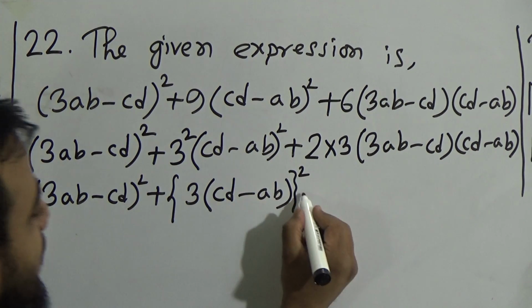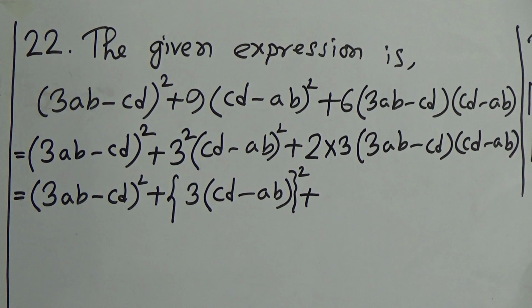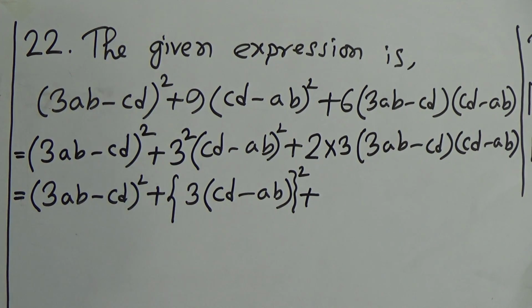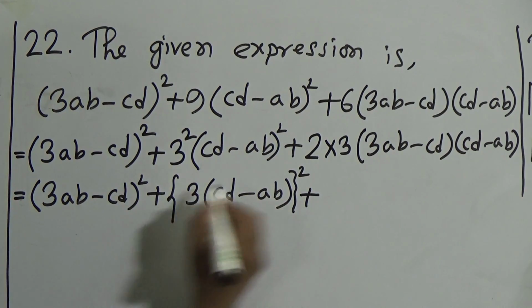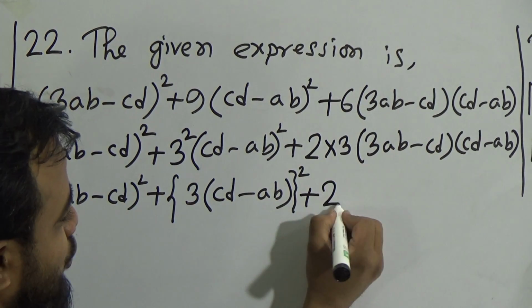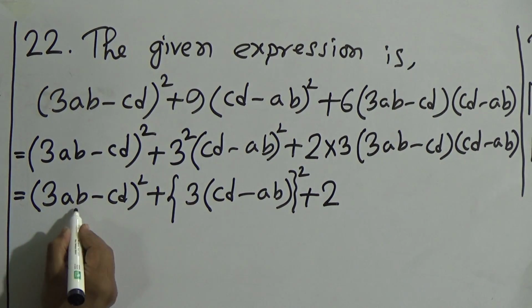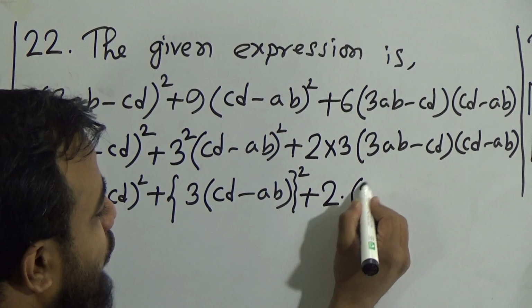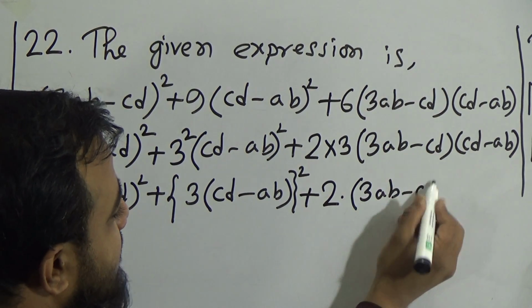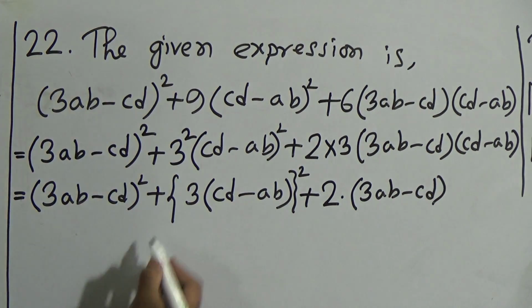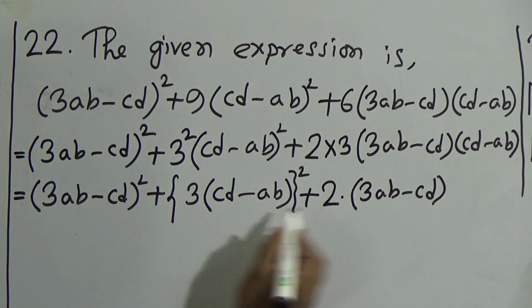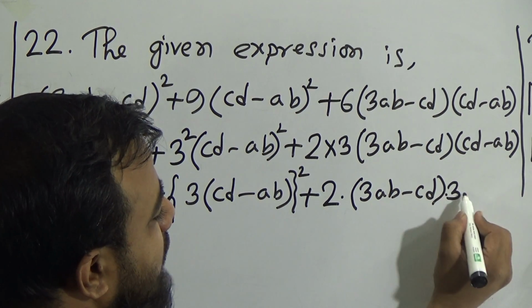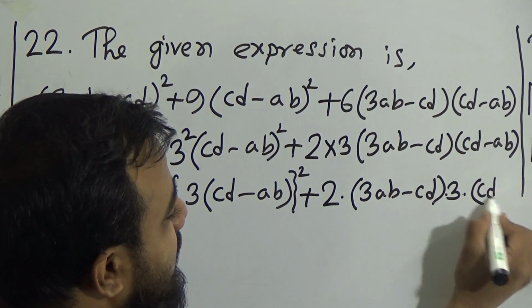Okay, after that we can write down, look, we already created this one, we can assume as A, this one can assume as B, so we can write down A square, B square, and we need 2AB. 2A means 3ab minus cd, so 3ab minus cd need to write down in front, 3ab minus cd. And my dear students, we need also 3 into cd minus ab. We can write down here 3 into cd minus ab.